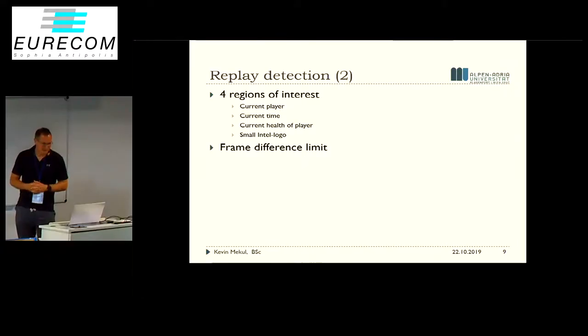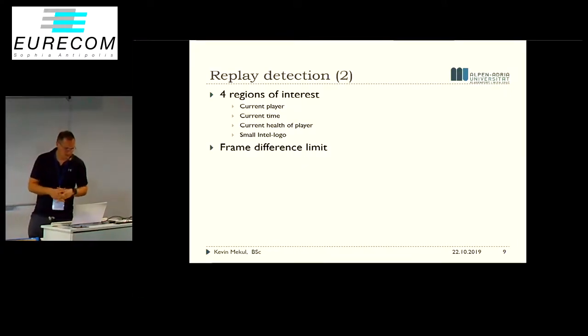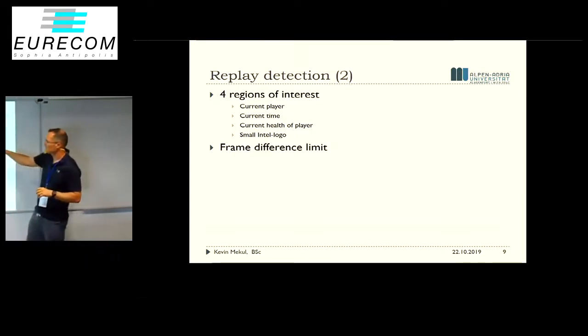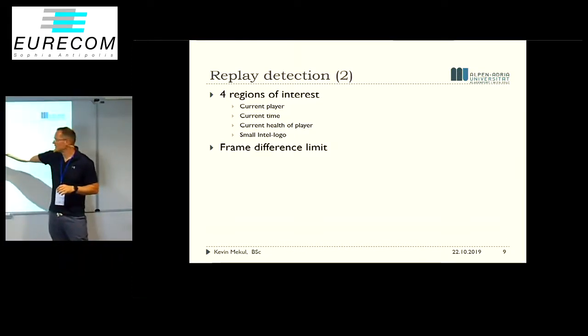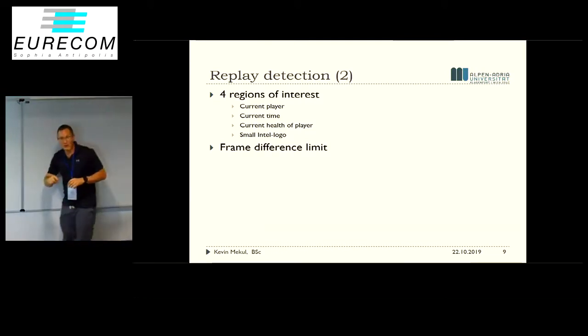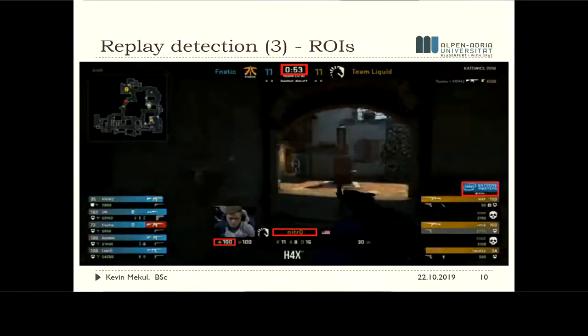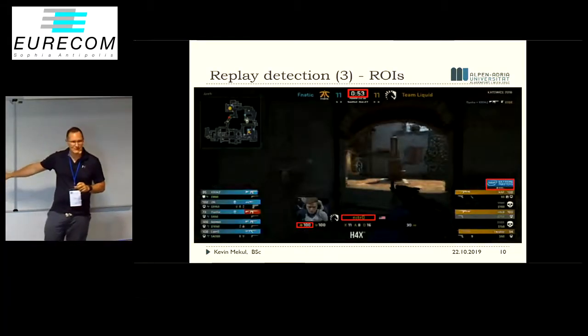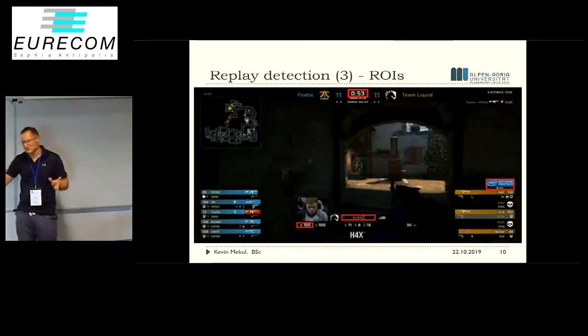The difference is that he took a look at 4 regions of interest. So he took a look at the current player, the current time, the current health of the player, and the small intel logo. So there's also a small intel logo in the picture, exactly here, which indicates the state of the replay. So if the logo vanishes or appears, then a replay ends prematurely before the second logo transition appears.